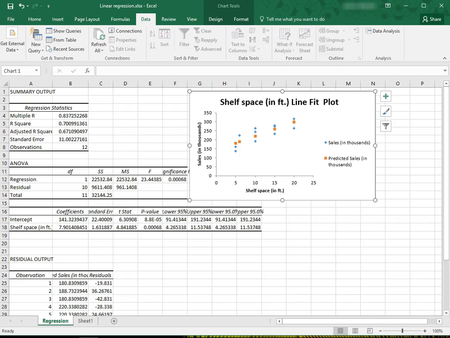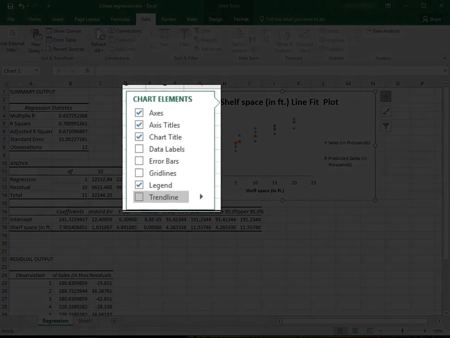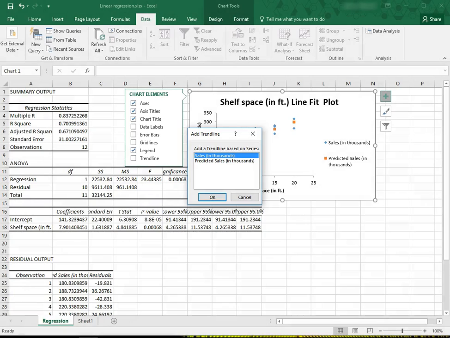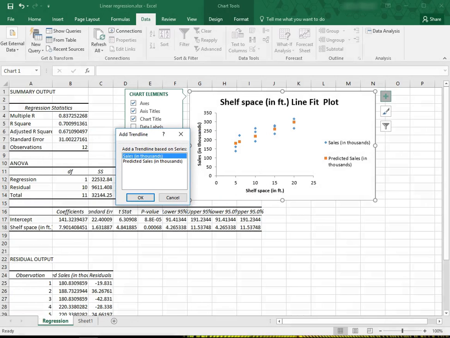To introduce a fit line, we click on the green plus sign to the right of the figure and check that we would like to add a trend line. Now we can choose to add a trend line for the actual sales or the predicted sales. We're going to choose the predicted sales so that the fit line that's put into the figure will represent the regression equation that's been produced in the output.